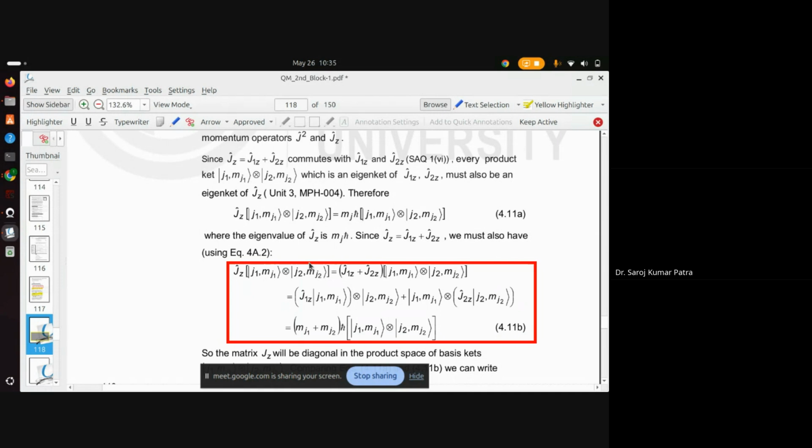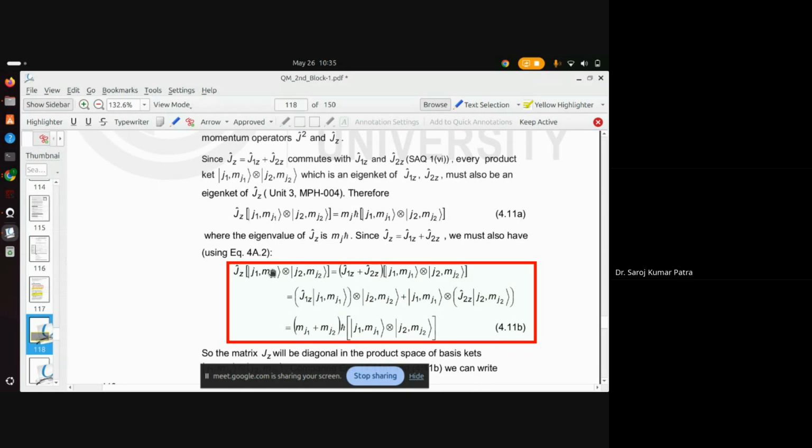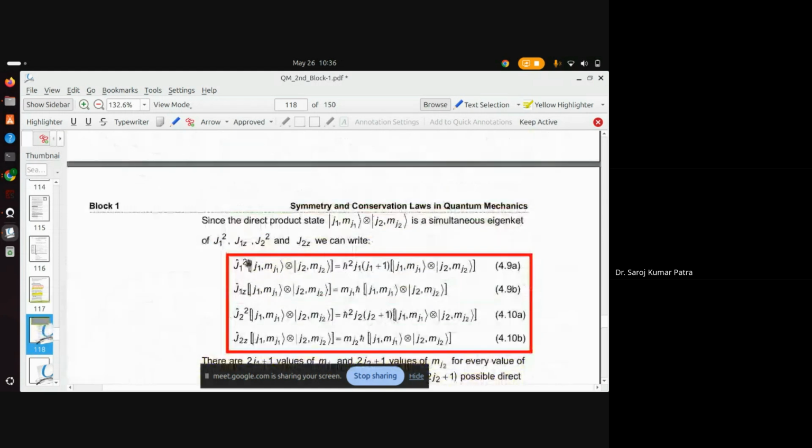Is it clear? जब आप पूछ रहे थे ना आइगन स्टेट, ये इतना बड़ा आइगन स्टेट कैसे बन गया, ये फर्स्ट वाला है फर्स्ट पार्टिकल का आइगन स्टेट, सेकंड वाला है सेकंड पार्टिकल का आइगन स्टेट. बट जब हम सिस्टम बना रहे हैं दोनों पार्टिकल को लेके तब सारे इंफॉर्मेशन होना चाहिए, तो इसीलिए हमने आउटर प्रोडक्ट लिया. Now this outer product will be an eigenstate of what, these four operators j1 square, j1z, j2 square and j2z, ठीक है.